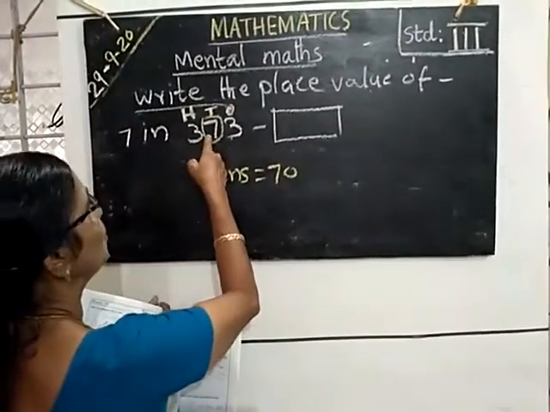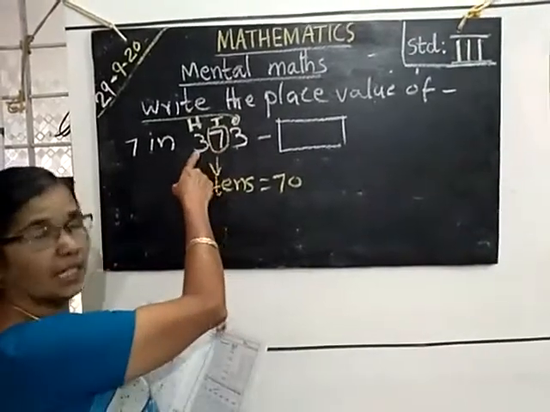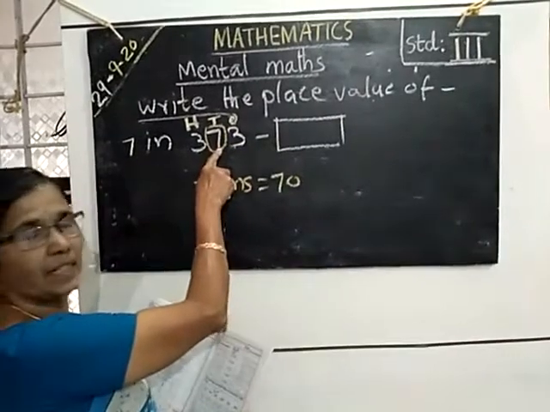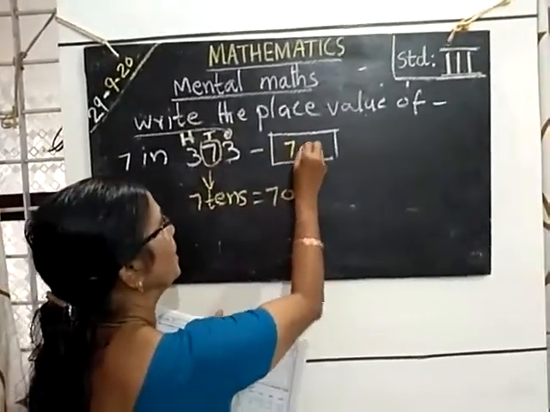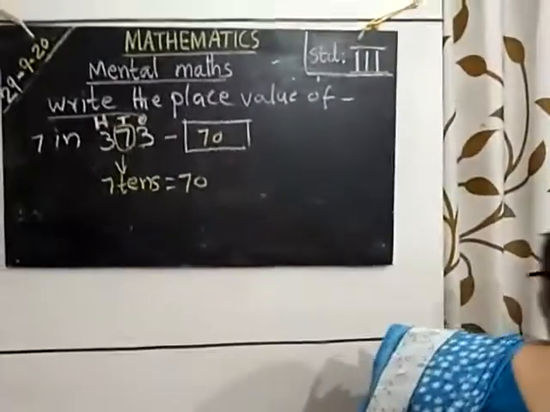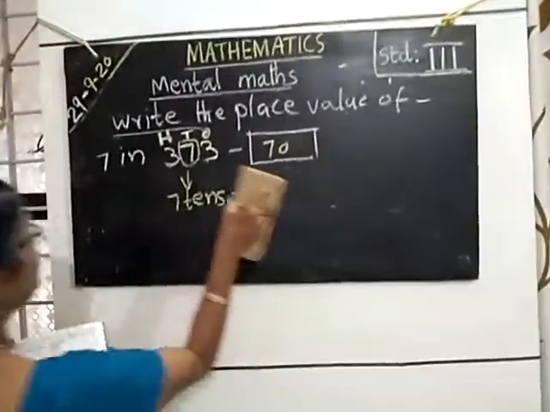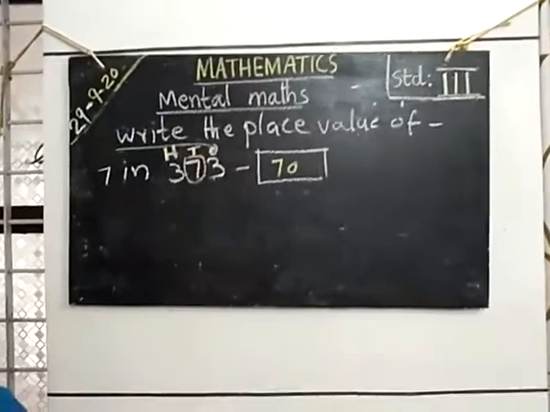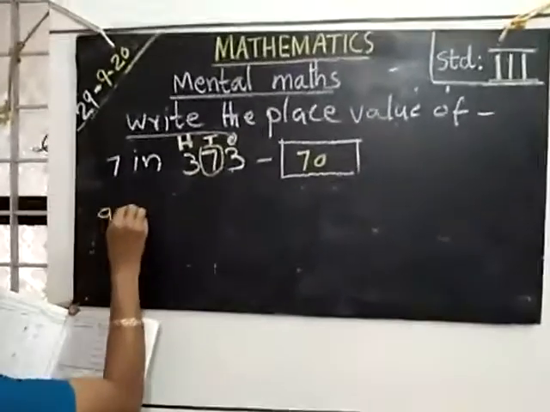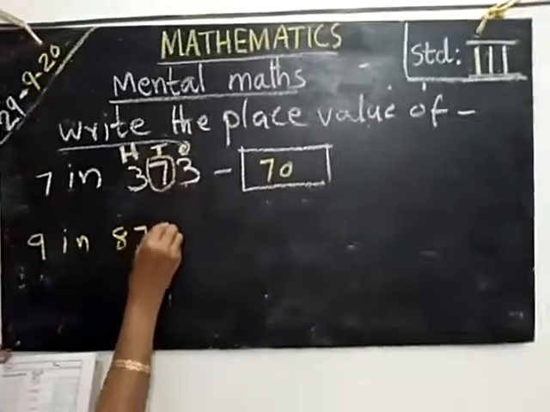So the place value of 7 in 373 is 7 tens, which is equal to 70. Understand? The next one, 9 in 879.